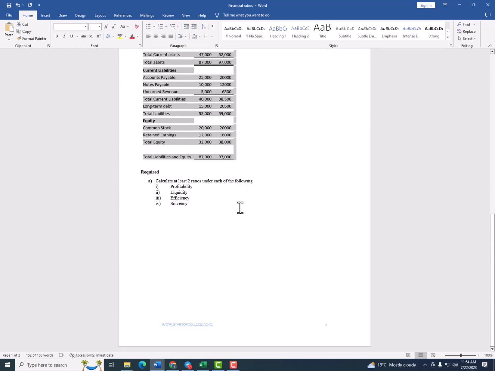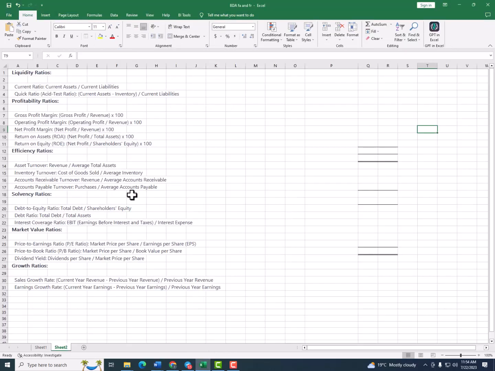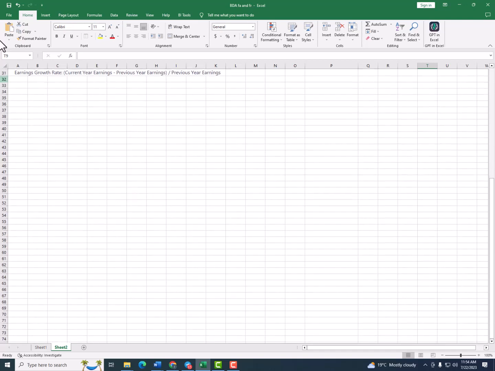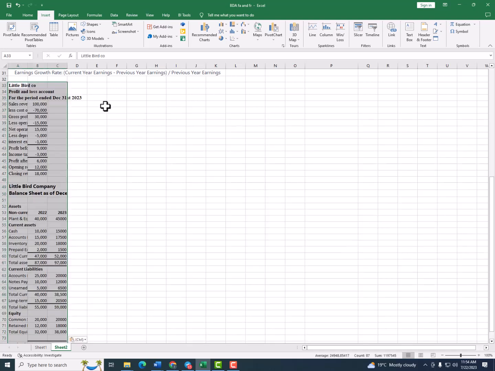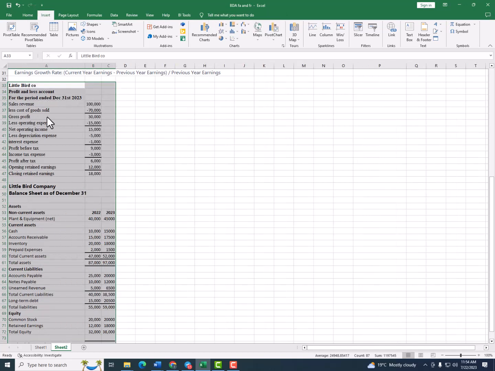Hit Control C, open up Excel, and scroll underneath, under where we have the formulas, and on cell A33, hit Control V. Then to readjust the widths of the columns and rows, with it highlighted, hit Alt O C, first of all escape, so Alt O C A, and you can see it automatically readjusts the widths.